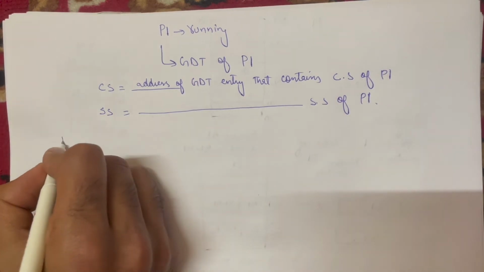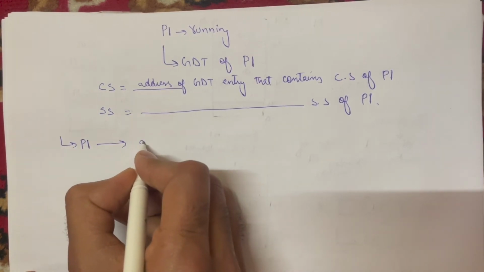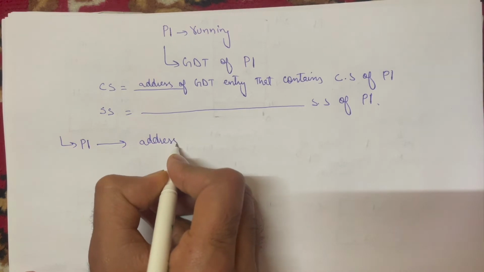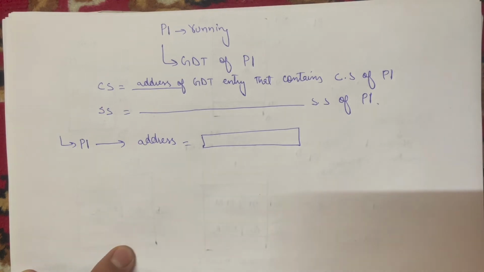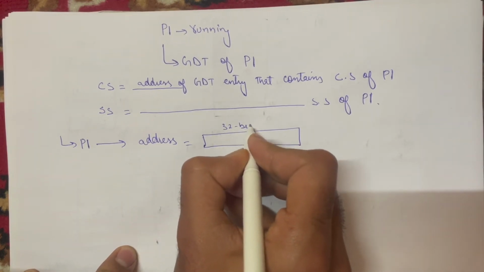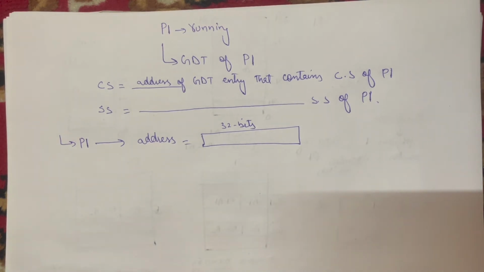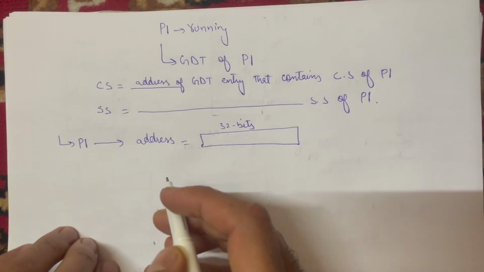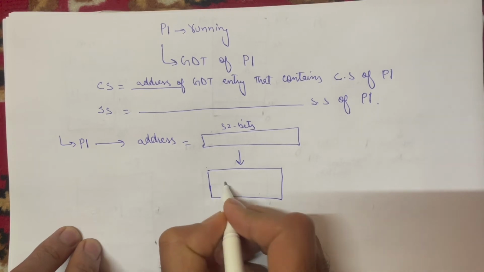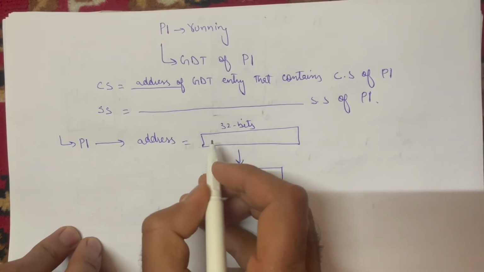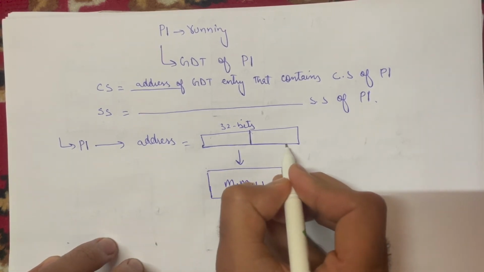Now let's suppose P1 tries to access some address. Let's suppose the address is like this. This is 32 bits. It wants to access this particular address. So what my memory management unit, the MMU, is going to do is divide this address into two parts, the first part and the second part.